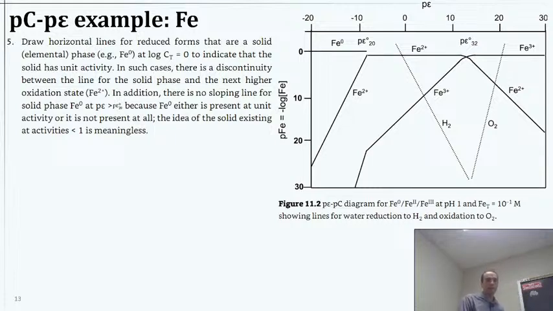So that's kind of that situation. It's just unity. In addition, there's no sloping line. Okay. Yeah. All right. So that's kind of the last piece. So this is just drawing up this part.